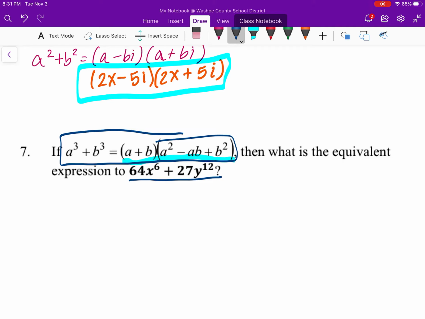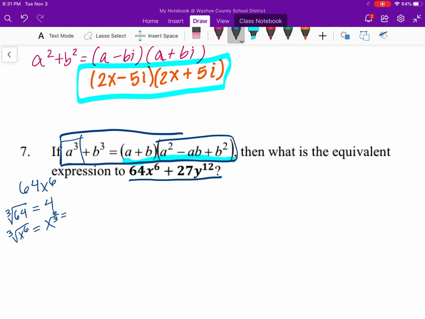So I have to figure out, using 64x to the 6th, how can I break this down to be a cube? For the 64, you can use your calculator. You can take the cube root of 64, and that's going to give you 4. When you do the cube root of x to the 6th, think back on your exponent properties, where you have 6 over 3.